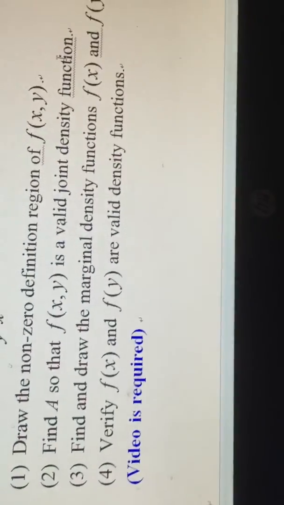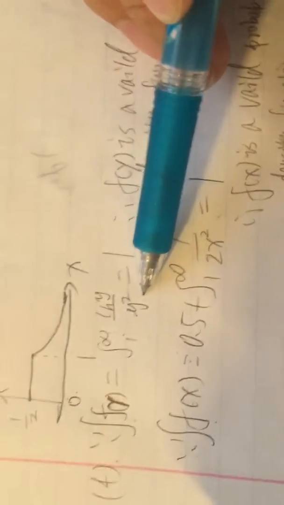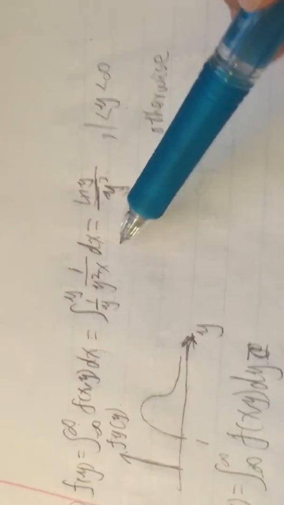For the first question, we need to verify that f of x and f of y are valid density functions. We do the integral from 1 to infinity of ln y over y squared, which we've already calculated from here. This is equal to 1, so f of y is a valid probability density function.